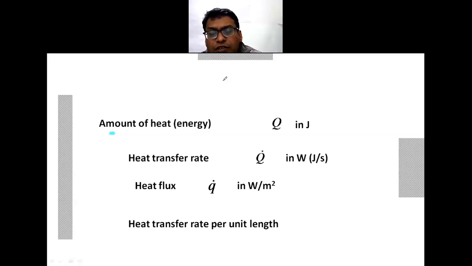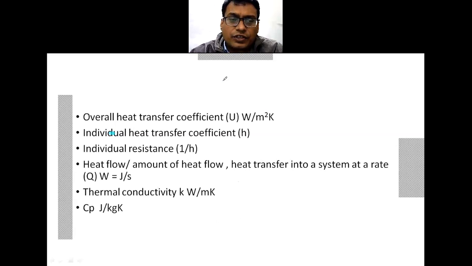So the amount of heat is in joules. The heat transfer rate is joules per second, that is nothing but watts. Then heat flux, that is the heat transfer rate per meter square, and the heat transfer rate per unit length. In these three different terminologies, we express the heat that is being transferred.